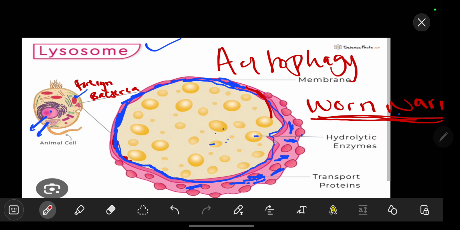Autolysis refers to the lysosome, the cell itself, being digested. It is protected by the membrane, which we call the lysosomal membrane. Do you get the difference? Autophagy is the destruction of worn out organelles. Autolysis can refer to the destruction of the cell itself.